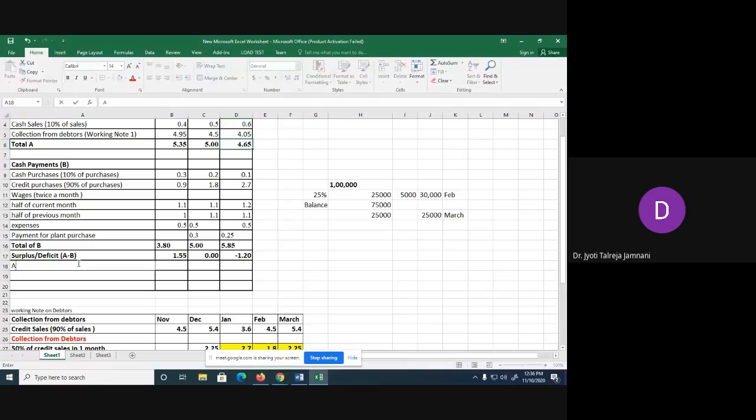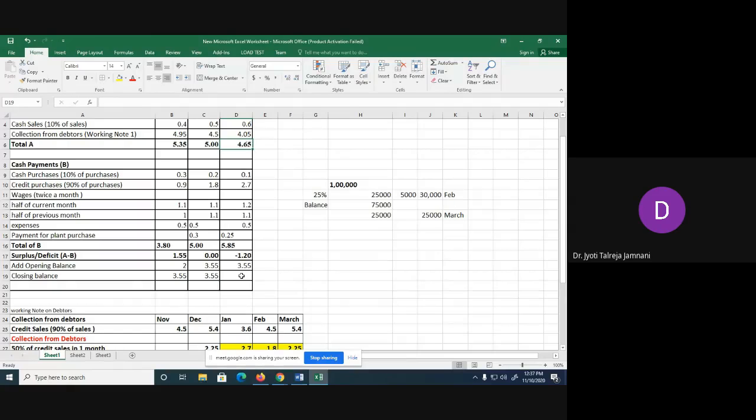Now we'll add the opening balance. So opening balance for January was given as 2 lakh. We are not taking the 0, so we take it as 2. Once you add the opening balance, you get the closing balance. So 1.55 plus 2 is 3.55. 3.55 will become the opening balance for Feb. 0 plus 3.55 will remain 3.55 as closing balance. 3.55 of Feb closing will become opening balance for March.